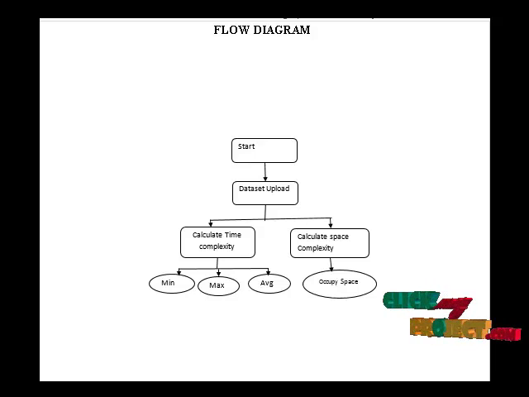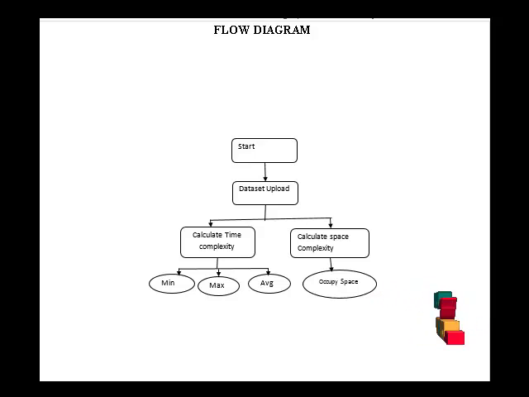The attributes of the time complexity are minimum, maximum, and average. The time complexity is calculated from the dataset execution in minimum time, maximum time and average time, stored in the database. The second one is space complexity.